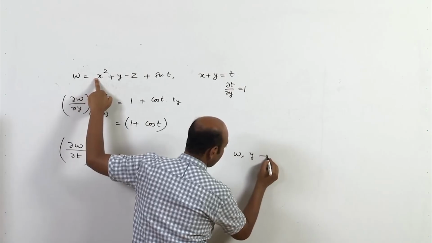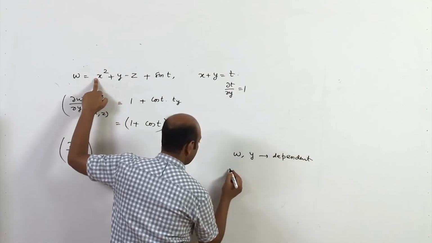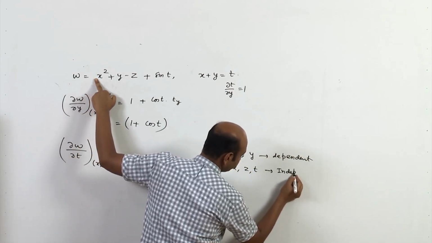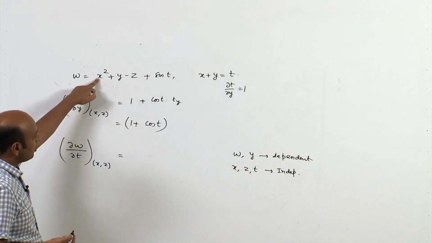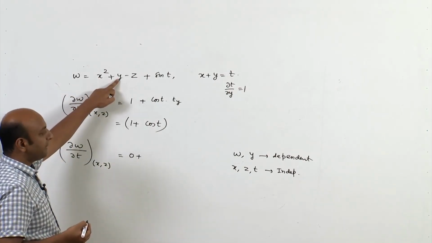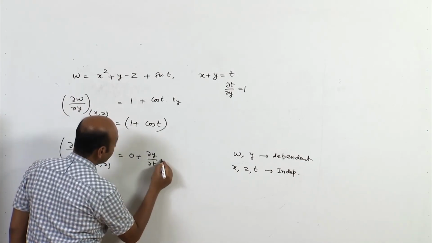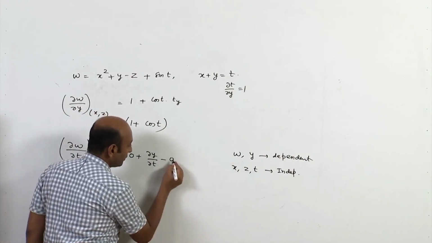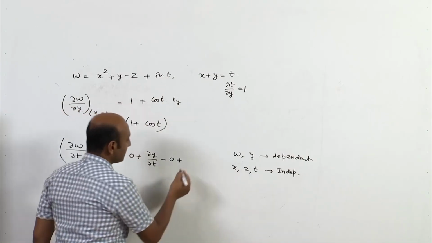Now, when you differentiate with respect to t, x and t are independent, so it is 0. y is not independent of t, so it is del y by del t. Minus z and t are independent, so it is 0, plus sin t differentiates to cos t.